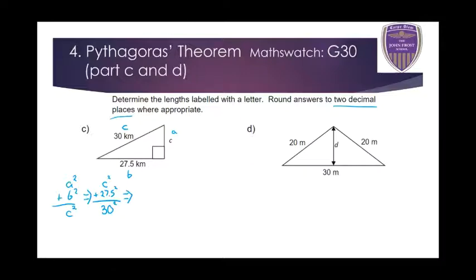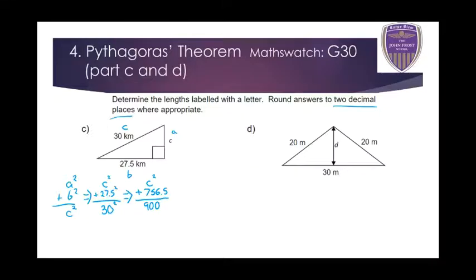And if you solved 27.5 squared and 30 squared, you would find that C squared plus 756.5 is equal to 900, okay?